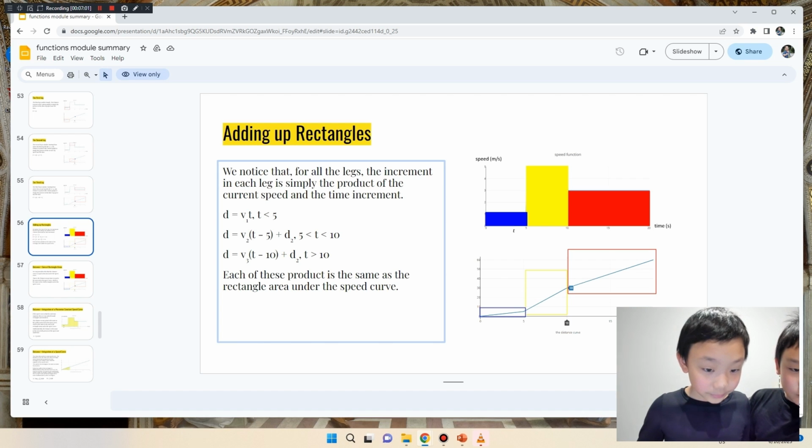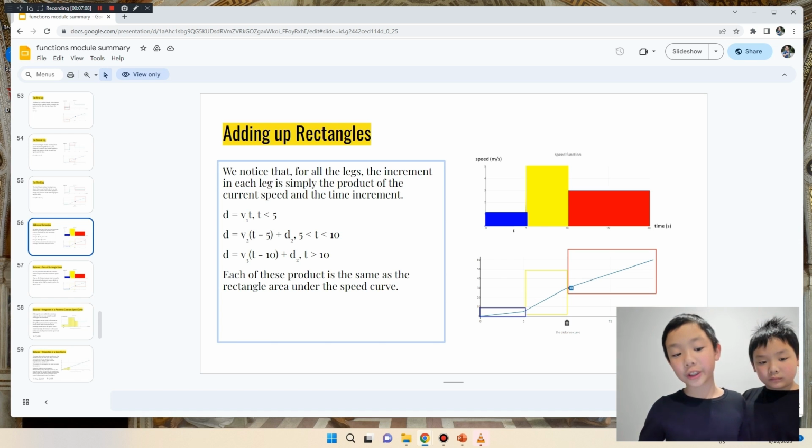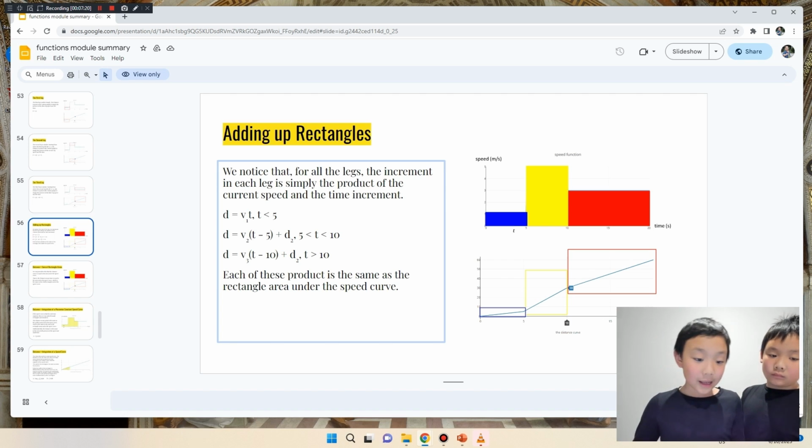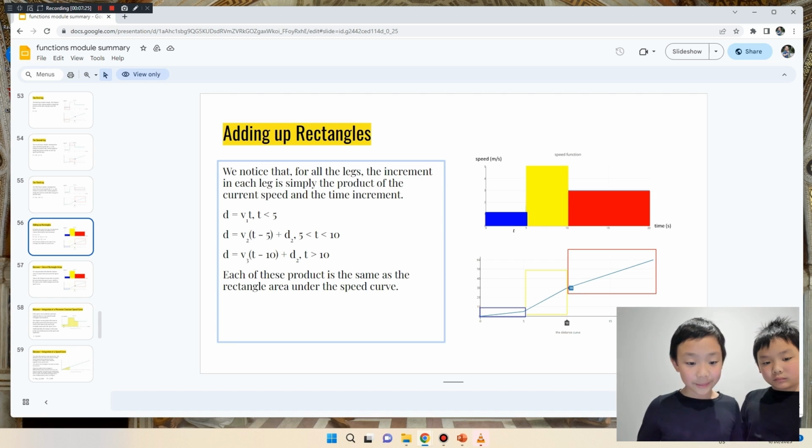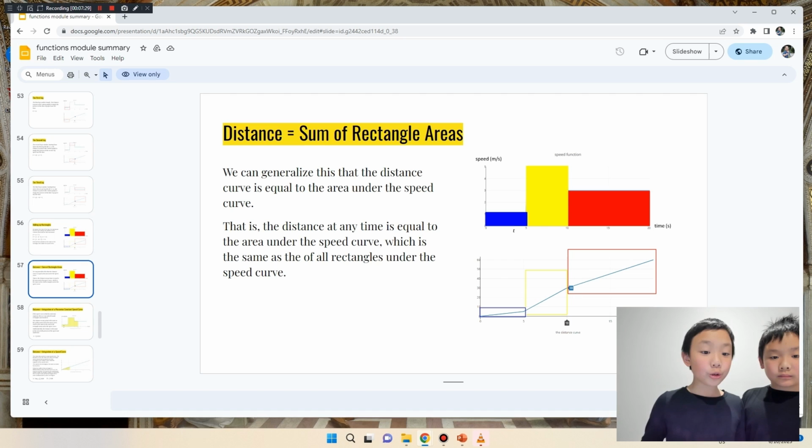This means when the time is more than 5 but less than 10, you do this one: d equal to v2 times (t minus 5) plus d2. And for the third one, you just do this equation when the time is more than 10. That's what this means. And also distance is equal to the sum of the rectangle areas.